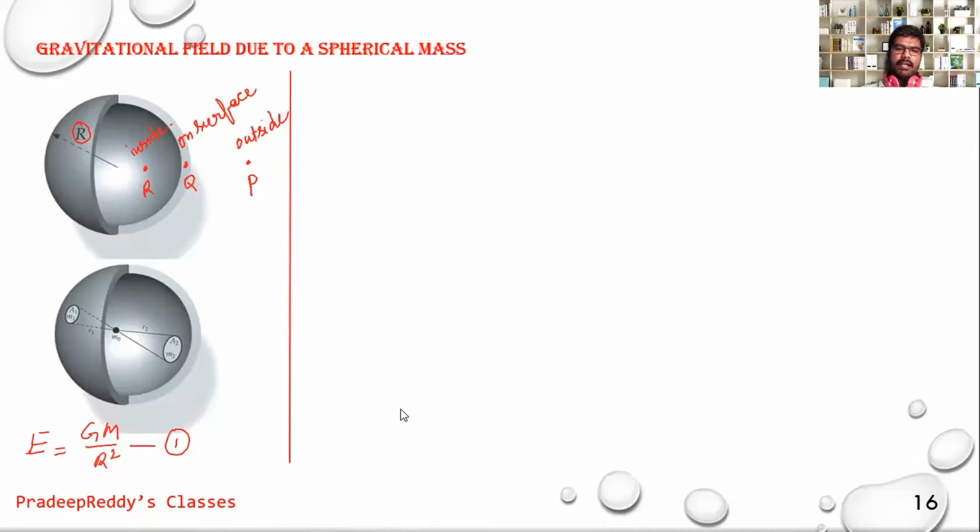So whenever we are calculating gravitational field outside the sphere, field outside the sphere at point P. So at point P, if you are calculating gravitational field, as you are considering the point outside the sphere, you can take that whole sphere as point mass.